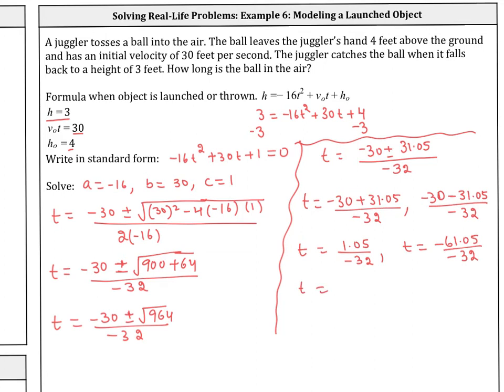When you plug this into the calculator, for this value you're going to get negative 0.03, and for this one, the negatives cancel, and you're going to get 1.9 seconds. So t is 1.9 seconds, and t equals negative 0.03 is not a solution because time cannot be negative.